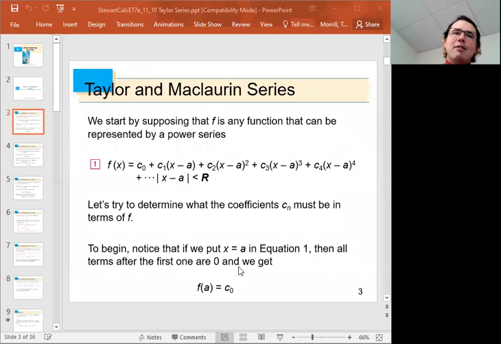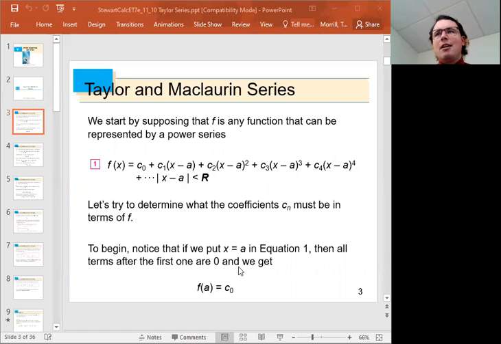So we are adding up infinitely many things, and we're concerned about making sure that that infinite sum will converge. But the coefficients themselves are kind of a mystery, right? They're just some numbers. What could be special about them? What could be important about them?